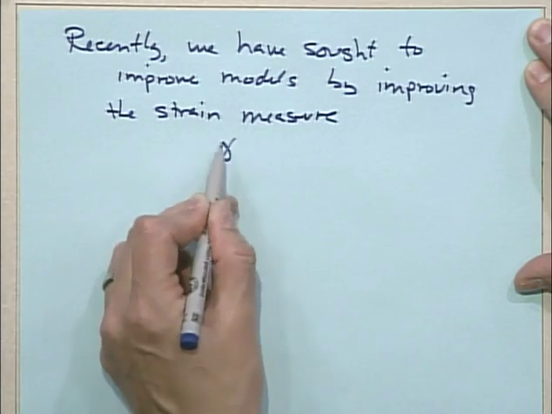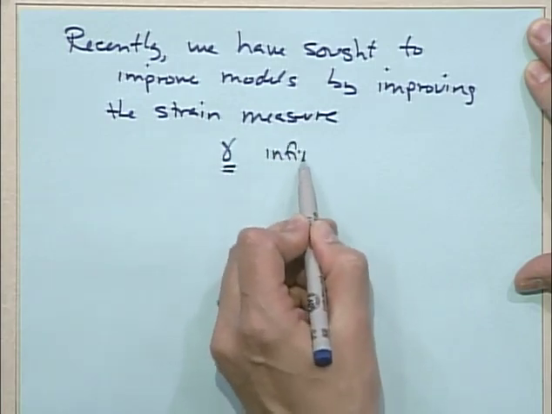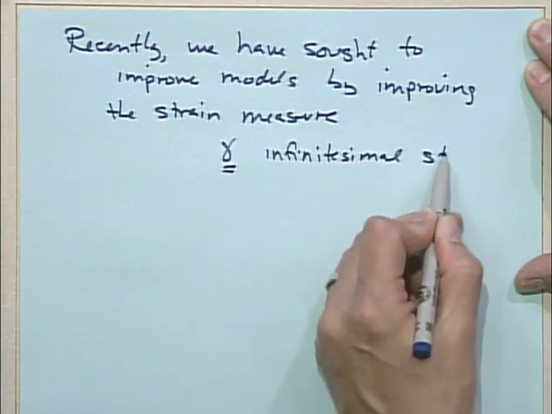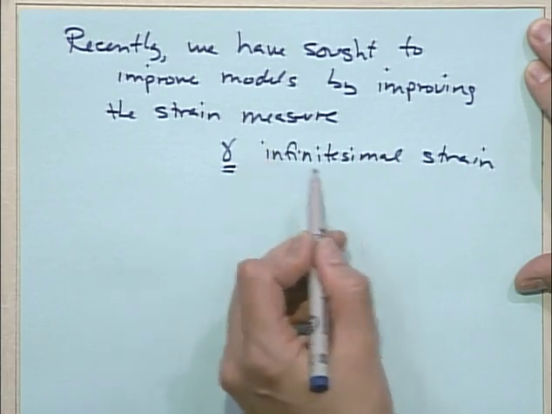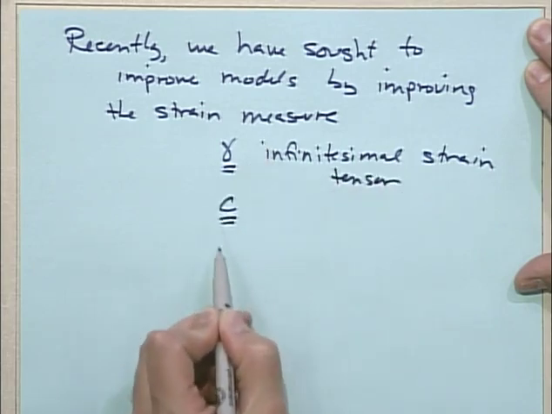And the strain measure that we had before was the infinitesimal strain tensor. And yesterday we introduced two more, the Cauchy tensor and the Finger tensor.